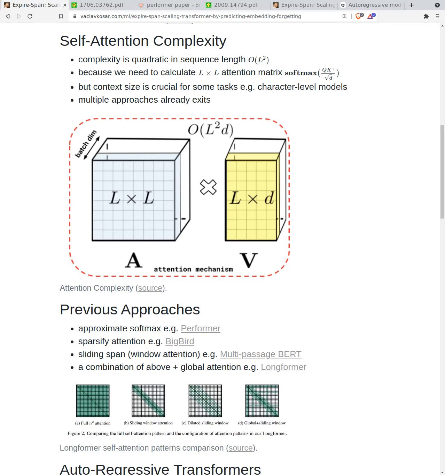For example, for character-level models, where for each character we have some embedding, if we want a reasonable amount of text in the context, it needs to be quite a lot of characters, and that gives us huge complexity. So how can we speed this up?